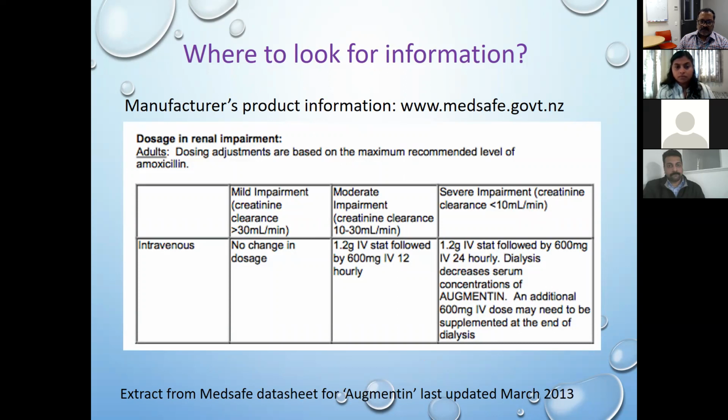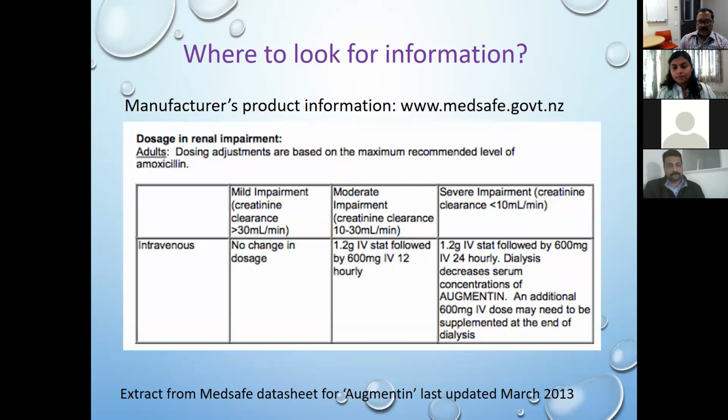The data sheet for Augmentin IV shows you that the dosage in renal impairment depends on your level of renal function. If we go straight to your severe impairment patient, less than 10 ml per minute, the dose recommended is 1.2 grams IV stat, followed by 600 milligrams IV 24 hourly.